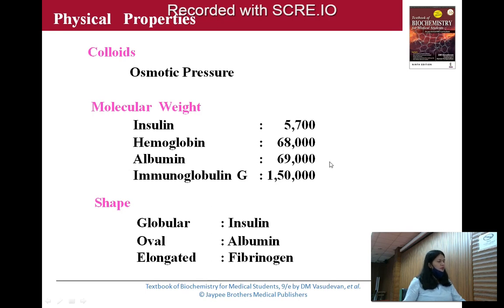Whenever there is any injury to the glomerular membrane, what will happen? The albumin will come out along with hemoglobin. When hemoglobin comes out into the urine, that condition is known as hemoglobinuria. Remember, there are two terms, hemoglobinuria and hematuria.